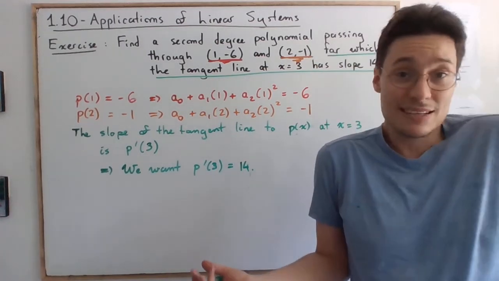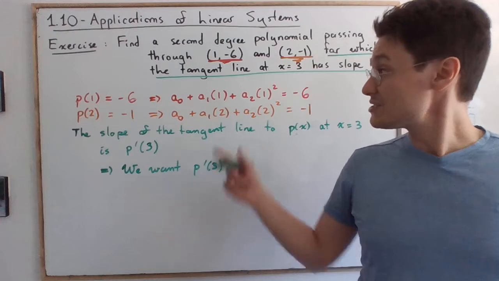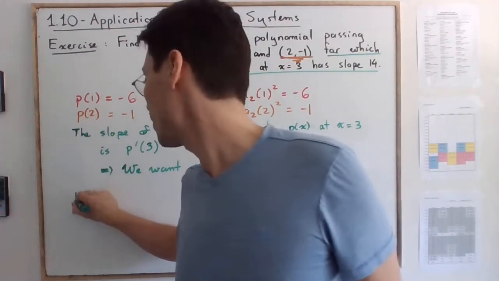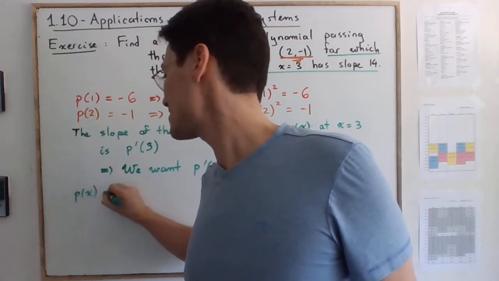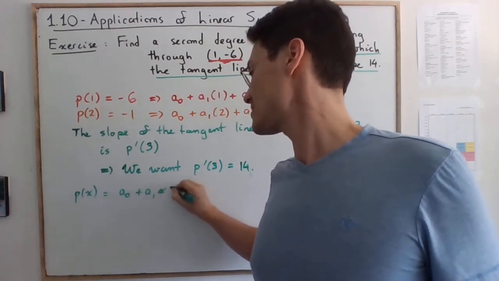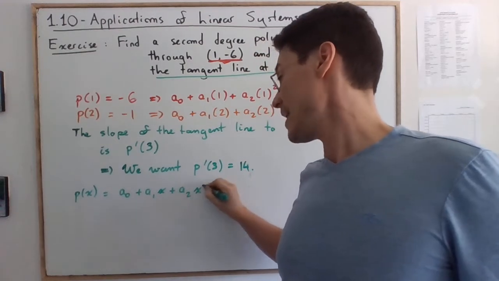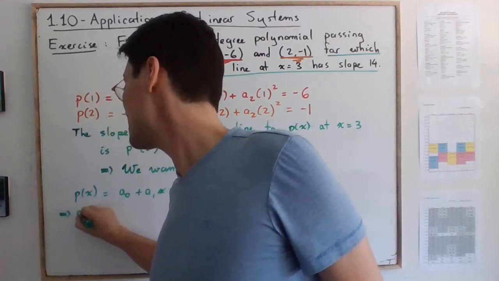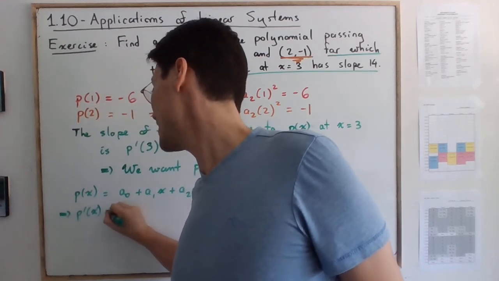Obviously at this point, what you simply need to do is to take the derivative of p of x. Let's write down what p of x is: a0 plus a1x plus a2x squared. This is seriously one of the easiest functions to differentiate.